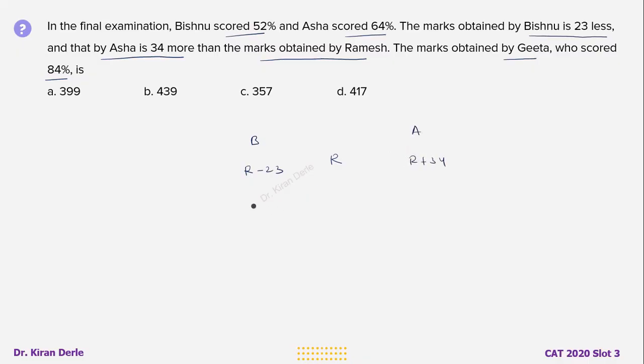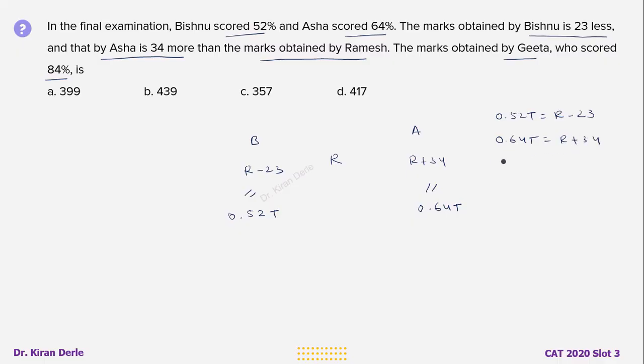Bishnu's marks are 52% of the total, or 0.52 of the total. Let's say the total marks is T, and Asha's marks are 64% of the total. So we will have two simultaneous equations: 0.52T equals R minus 23, and 0.64T equals R plus 34.